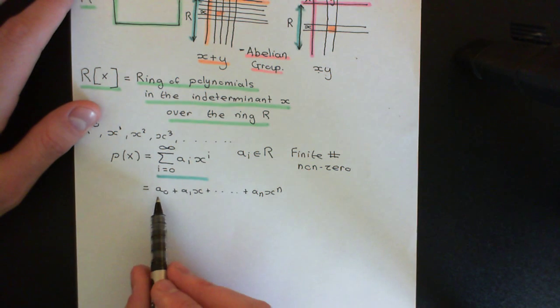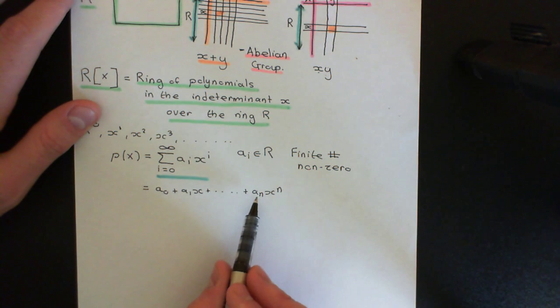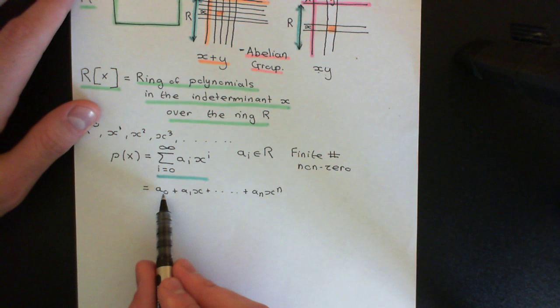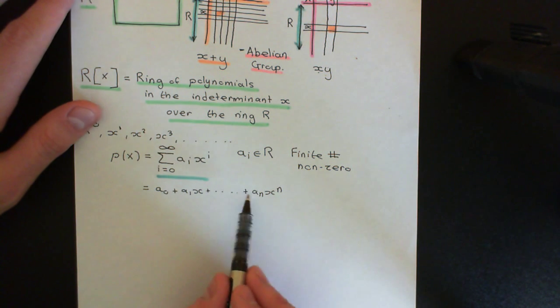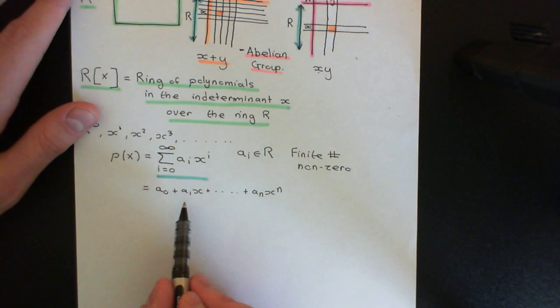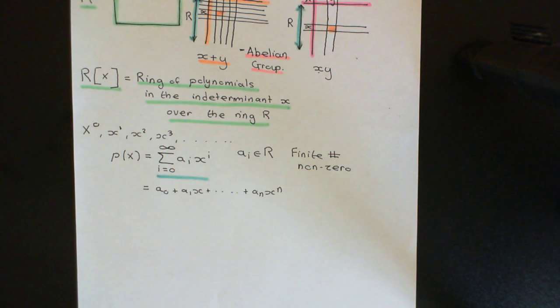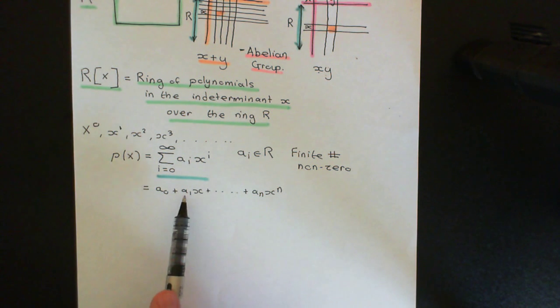Now note, it is not necessary that all of the coefficients in front of this one are non-zero. a0 could be 0, in which case I wouldn't bother to write it here. If I was writing it out explicitly like this, I'd only bother to write out the terms which have a non-zero coefficient. So it's conventional not to bother to write the powers of x which have a coefficient which is 0 in the ring.